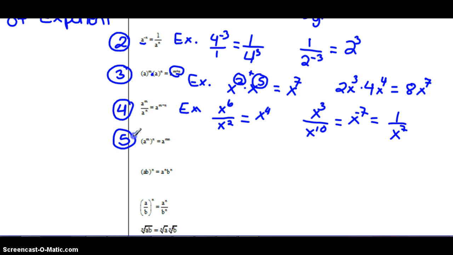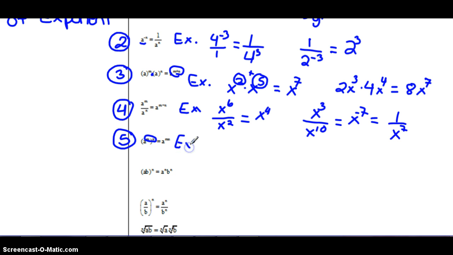Let's look at number 5. When I have a base raised to a power, and then it has parentheses, and that whole term right here is raised to a second power. What happens is I'm saying I have this inside term this many times, right? The n is telling me how many times I'm multiplying a to the m by itself. So what happens is these wind up multiplying by each other, m times n.